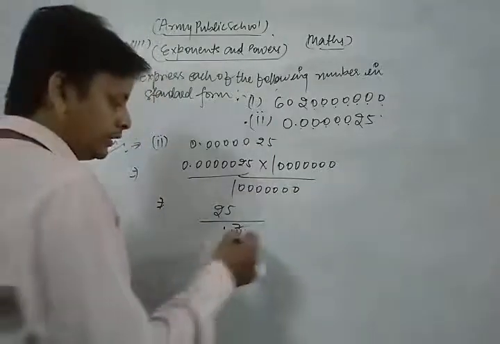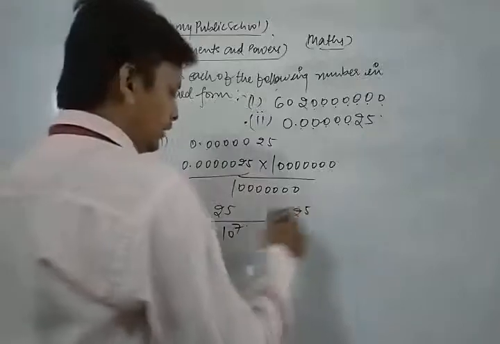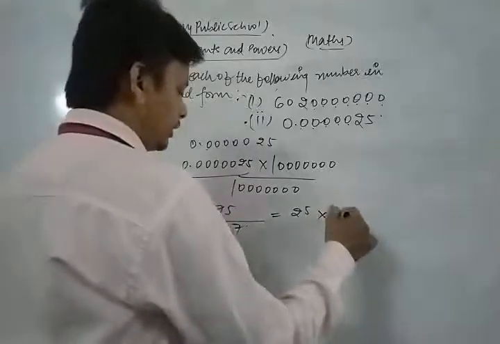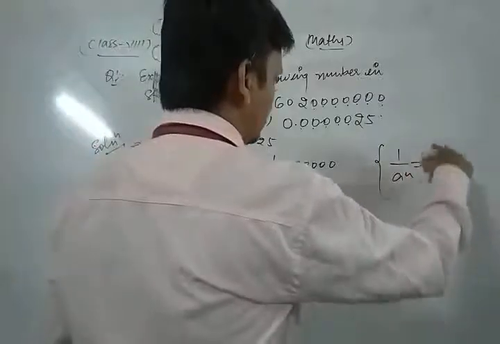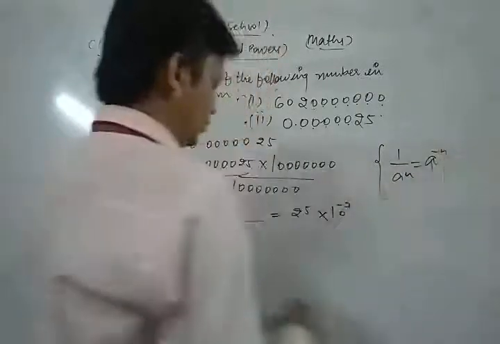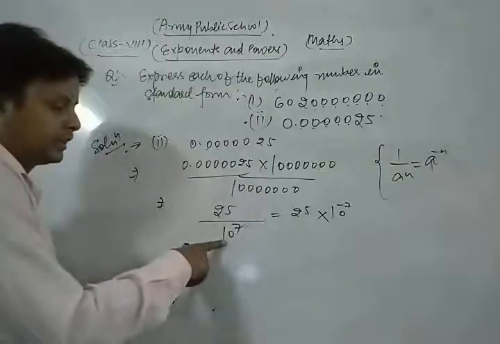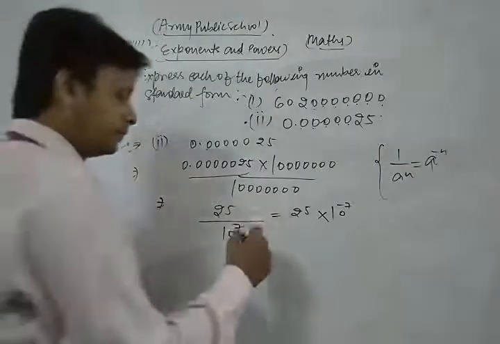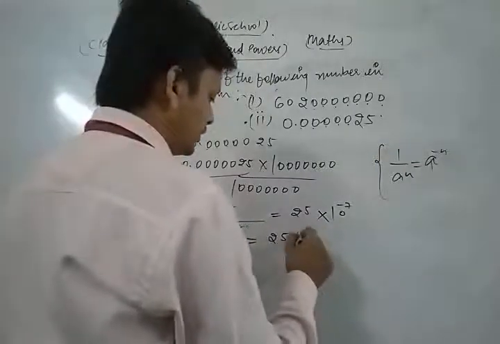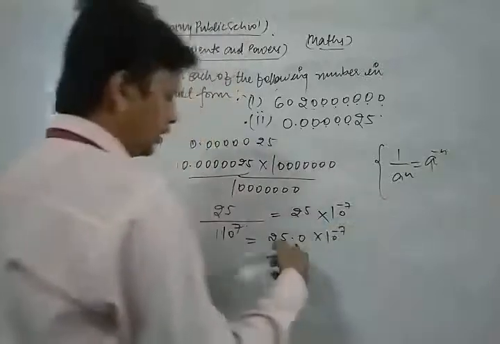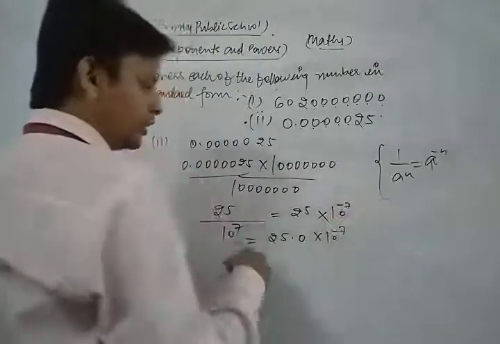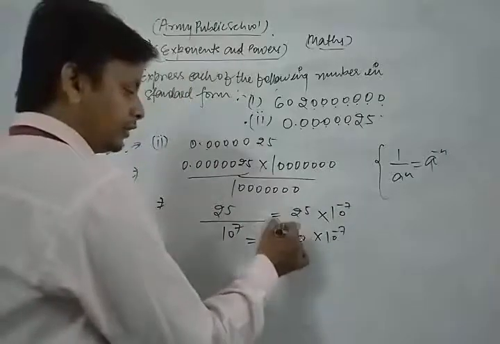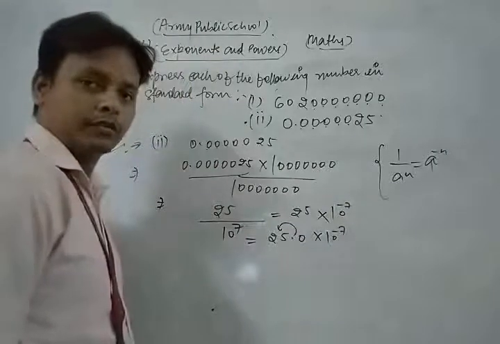Now this number we can write as 25, and if we write it in the numerator, it becomes 10 to the power minus 7. You know that if 1 upon a power n, then we can write a power minus n. Same process here, we can write 10 to the power minus 7. Now we can write 25.0 into 10 to the power minus 7. Now we convert into the standard form. The decimal is transferred one position left.